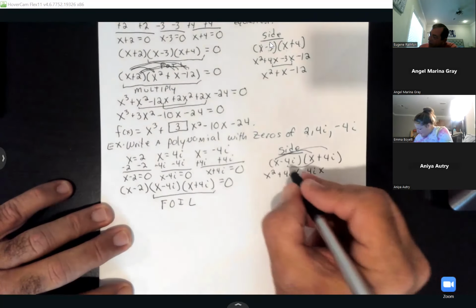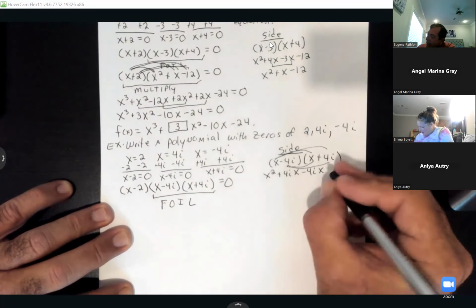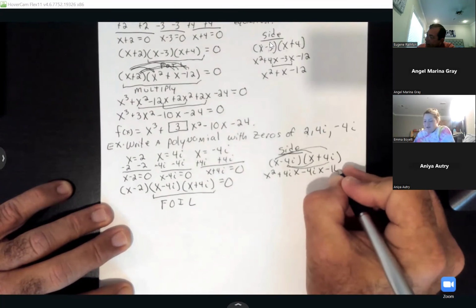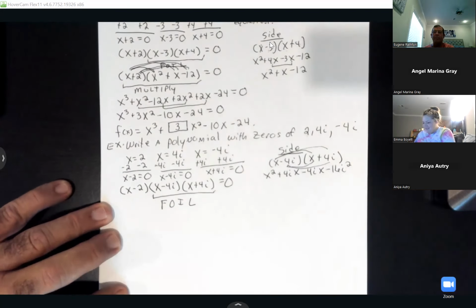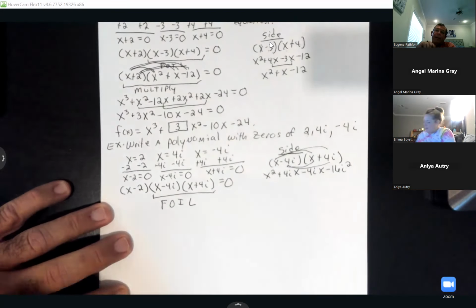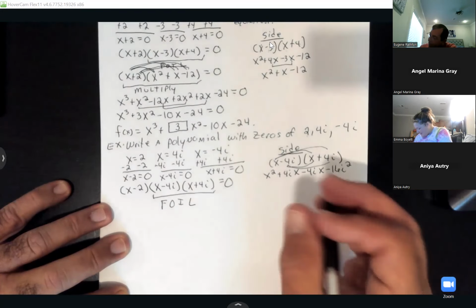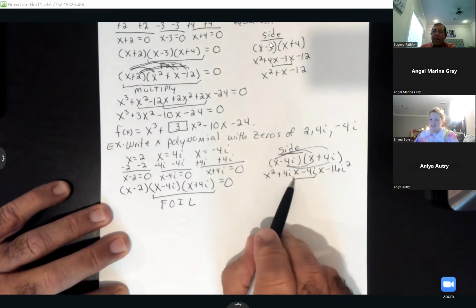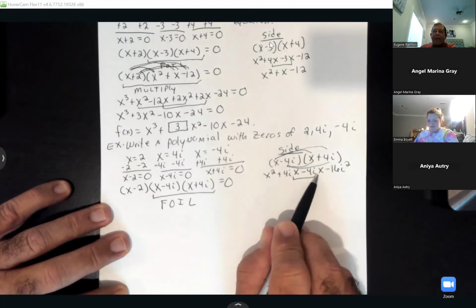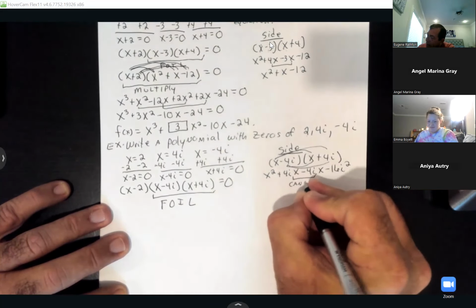And y'all, here we go. The negative 4i times 4i is a negative 16i squared. Now, y'all, there's something you got to realize about this problem. Look here in the middle. You got a 4ix and a negative 4ix. Those terms in the middle cancel.